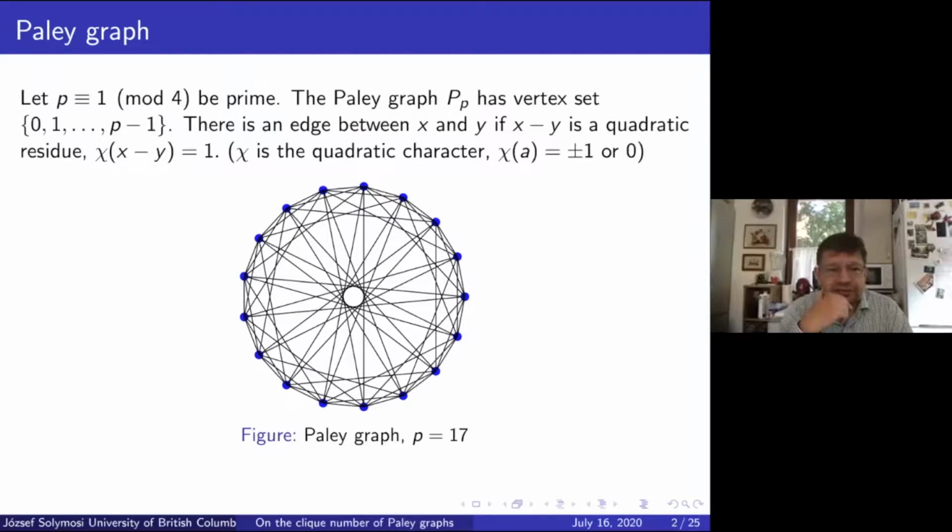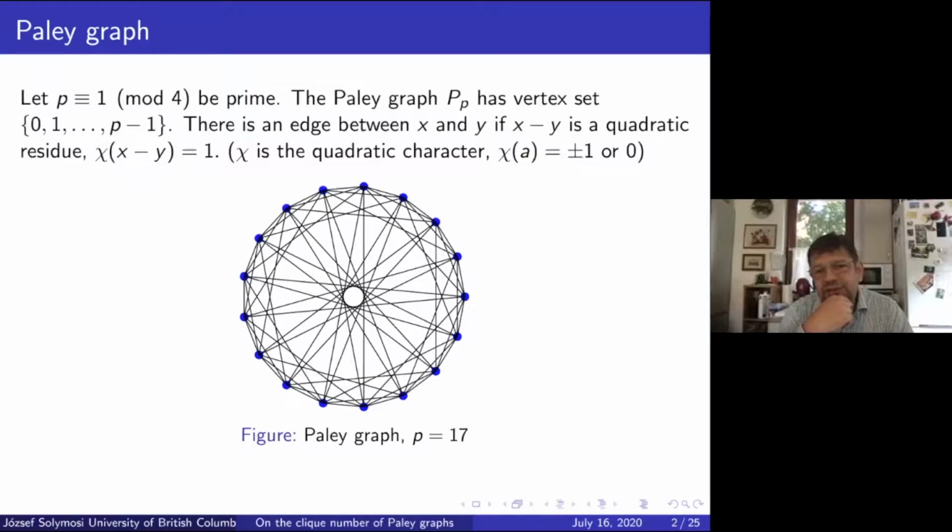I'm going to use this notation, chi, as a character, which is 1 if the number inside is a quadratic residue, minus 1 if it's a non-residue, and 0 if it's 0. Okay, so this is an example of a Paley graph with 17 vertices. There are many important things about Paley graphs. I won't really have time to talk about the nice features of them.